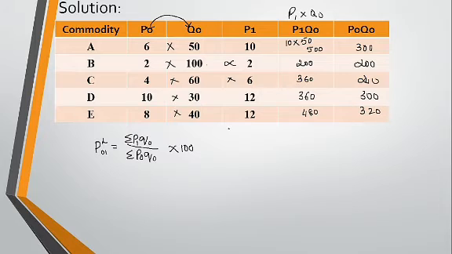Just multiply as per the formula. Then we have to add all of these, find the summation, to get summation P1 Q0 and summation P0 Q0. So when you total it, you will get 1900, and when you total P0 Q0, you will get 1360.